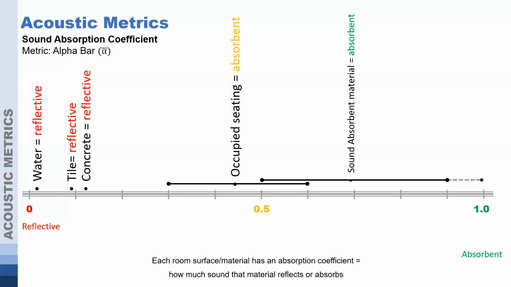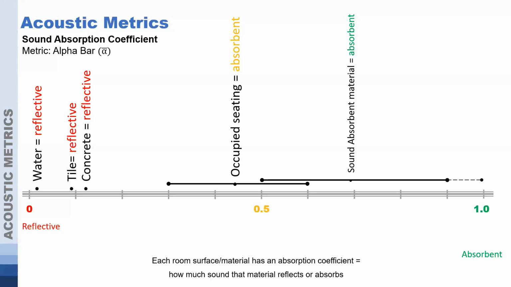This is basically a number on a scale from 0 to 1. If a room has a 0 value in the alpha bar, it means it's a completely reflective room. We either talk about rooms or even products having alpha bar characteristics. On the other side of that, 1 is a completely absorbent room.